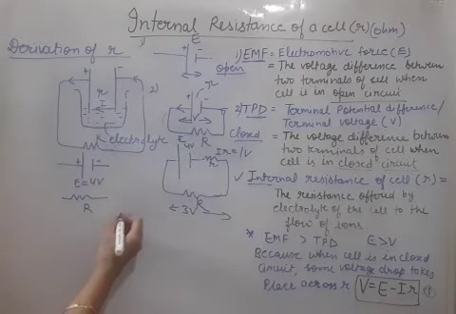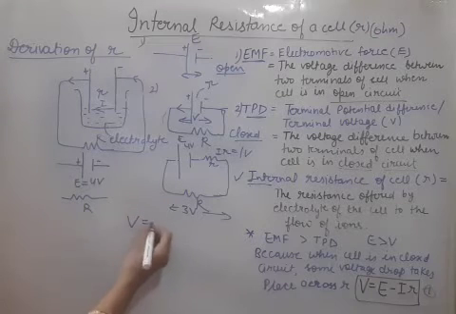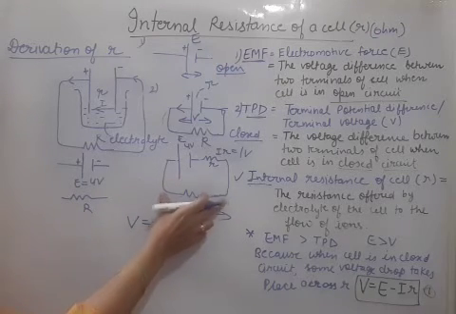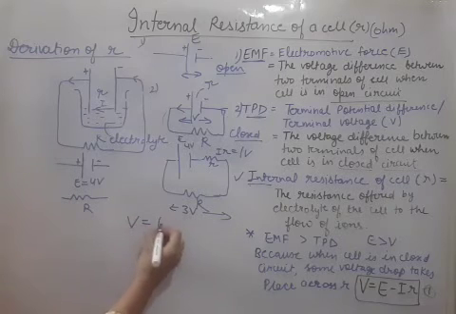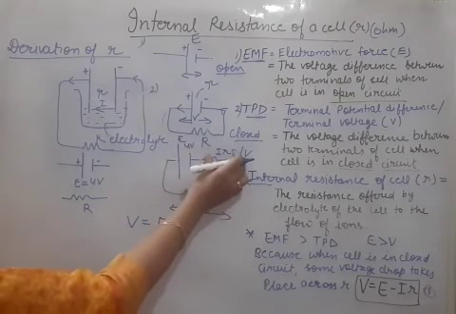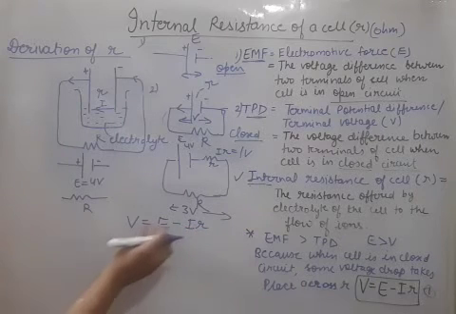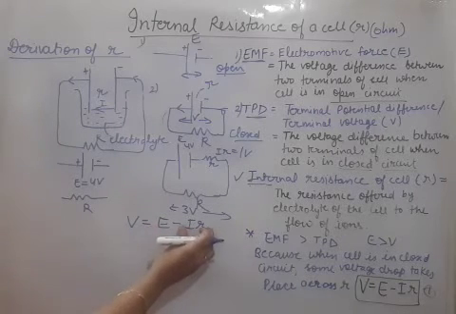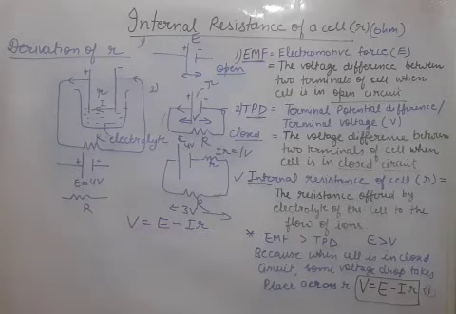So if we relate terminal voltage with E, you can see now for this external circuit, terminal voltage is from E, something has been taken by internal resistance. So from E, whatever voltage has been taken by internal resistance, that we have to subtract.